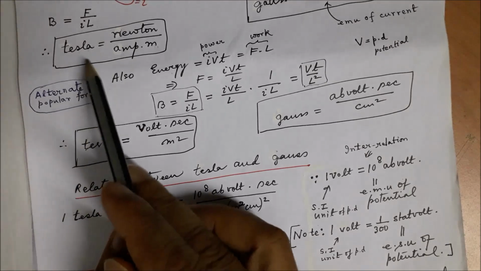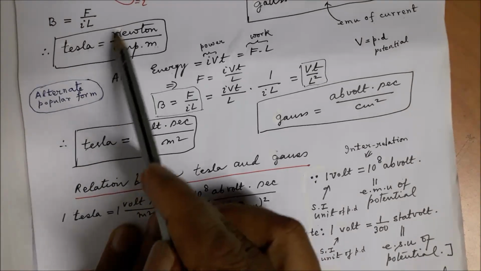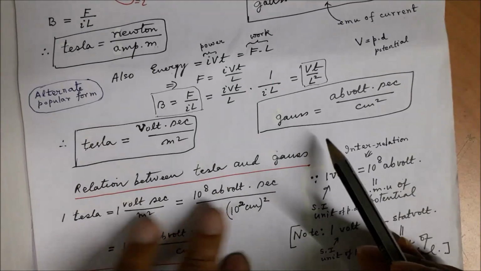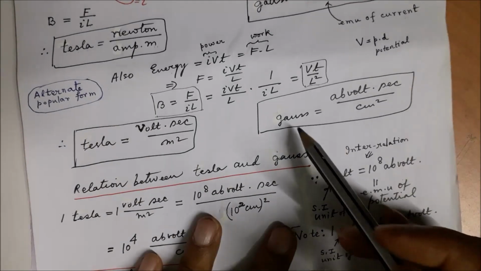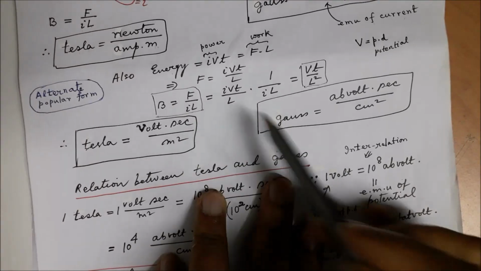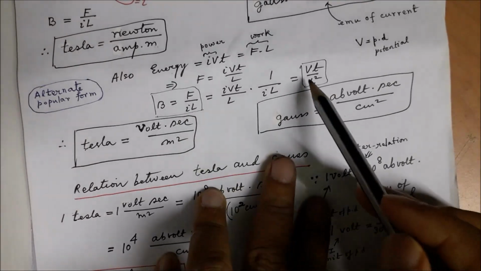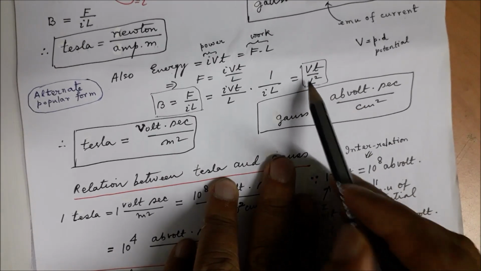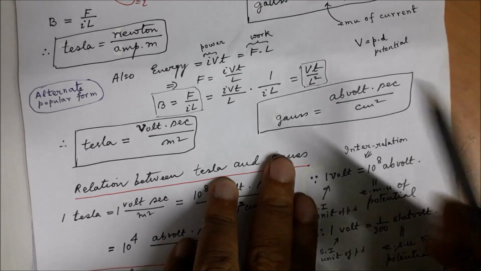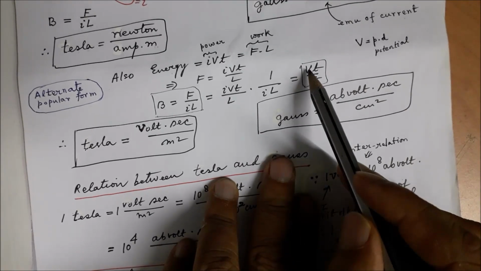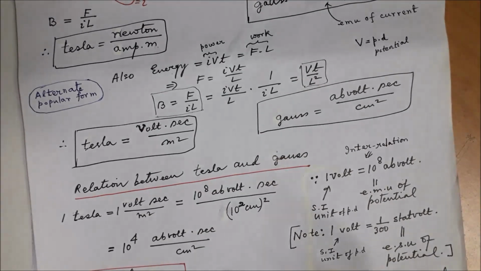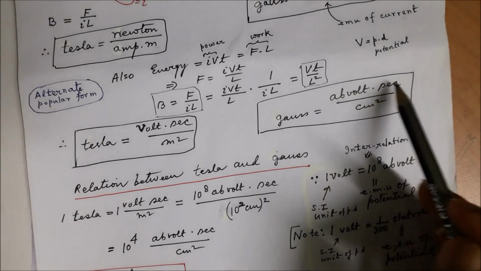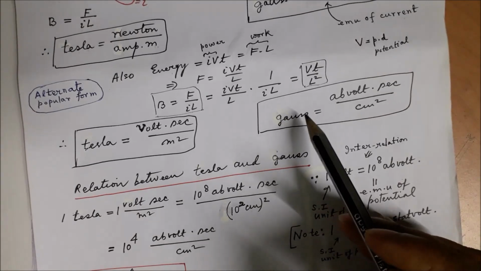So Tesla can be defined in two ways, either this combination or this combination. Both correspond to Tesla. In case of Gauss, which is the unit of B, we have substituted abvolt instead of V. Abvolt is the electromagnetic unit of potential difference, and therefore abvolt second by centimeter square, this combination gives us Gauss.